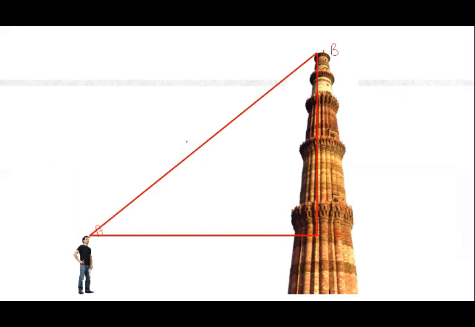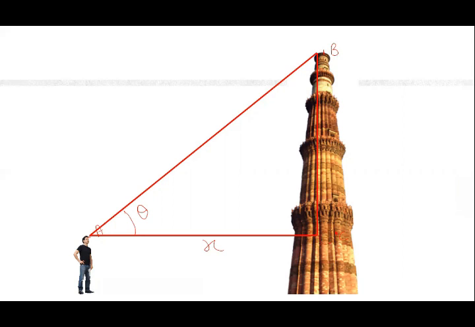And if this person knows this angle and this horizontal distance, because it is very easy to measure the horizontal distance in comparison to the vertical distance, he will easily calculate the distance BC.